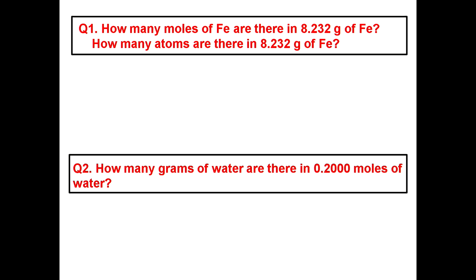So how many moles? Now you need the mass. You know the mass, and also you know the molar mass. From these numbers, how do you calculate the moles? Number of moles is equal to the mass over the molar mass.